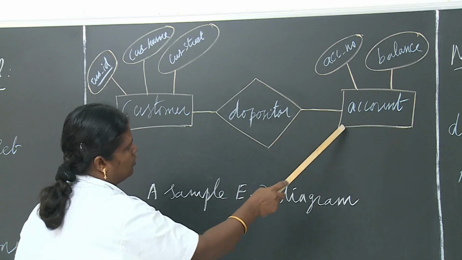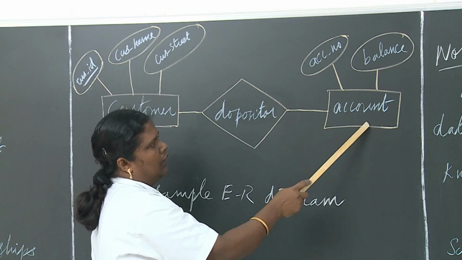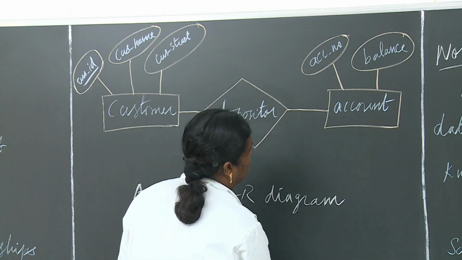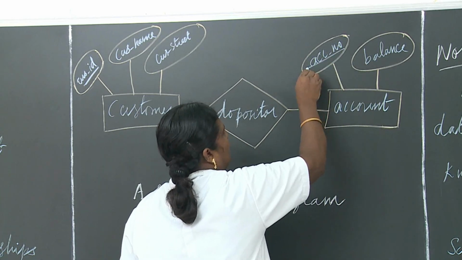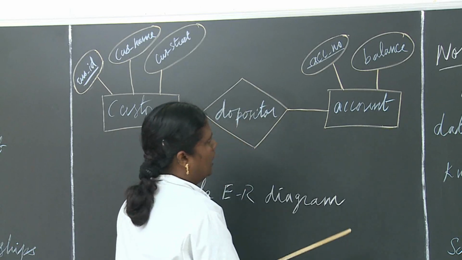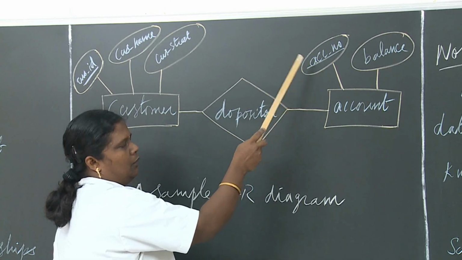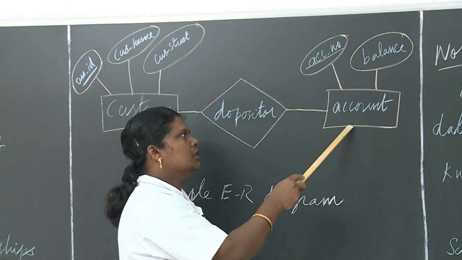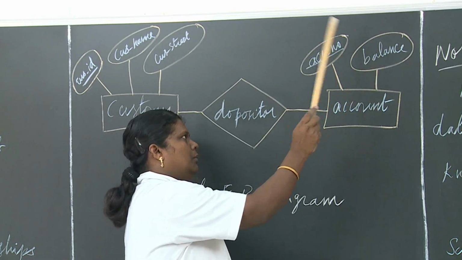The same way, the account relation includes account number as well as balance. Account number is the primary key for this relation account. It uniquely identifies the data available in the account relation, and balance is a non-primary key.